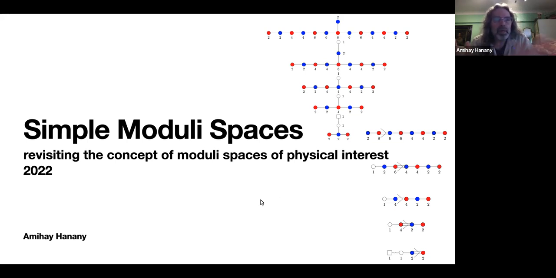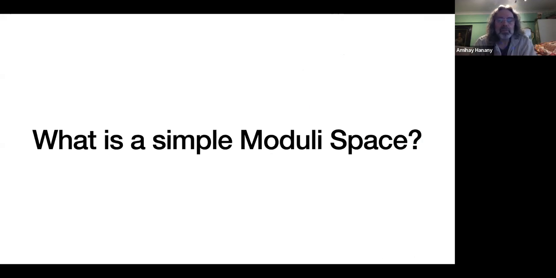So I'm going to start this talk by asking: what is a simple moduli space? What kind of criteria can we have to determine whether a moduli space is simple or not simple? So let's see what we can do.